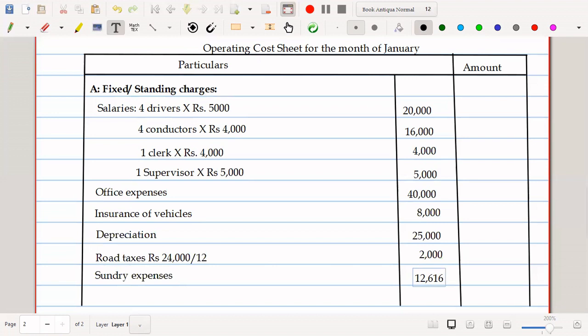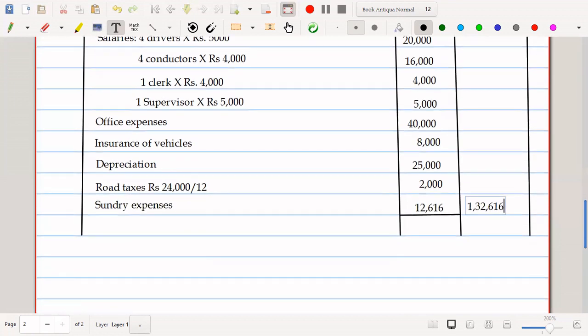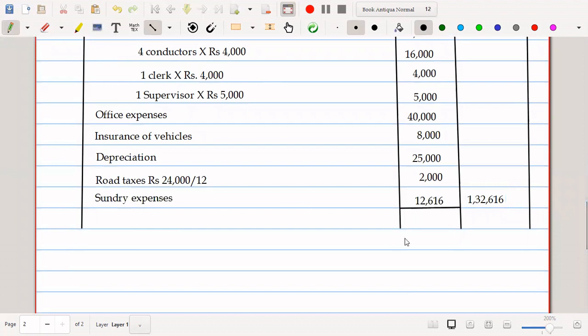So when we take the total of all this, let's check out what will be the total here. It comes to 1,32,616. Now let's move on to other part of this cost sheet.